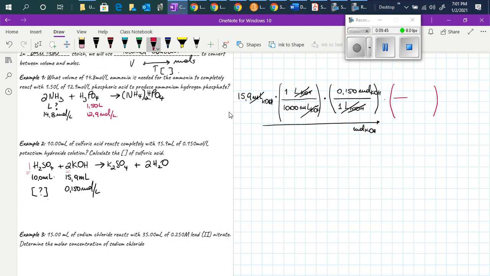So 2 moles of potassium hydroxide is 1 mole of sulfuric acid. So moles of potassium hydroxide cancel out, and what we have here is moles of sulfuric acid.